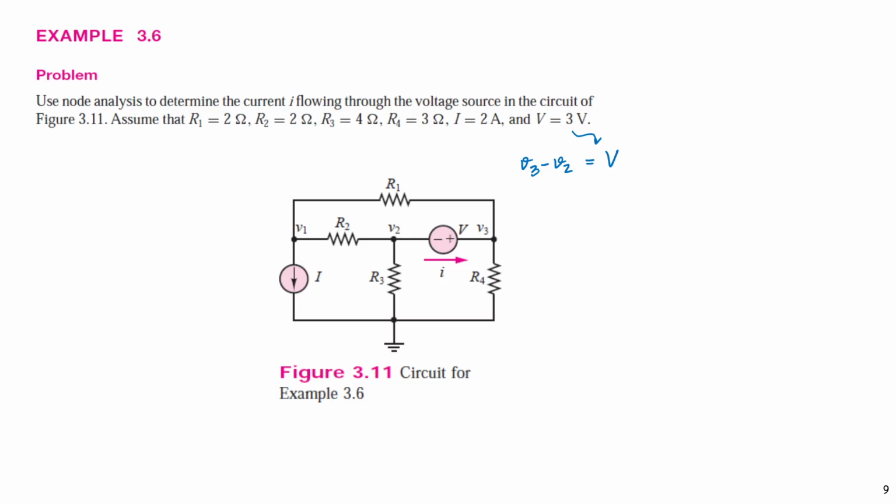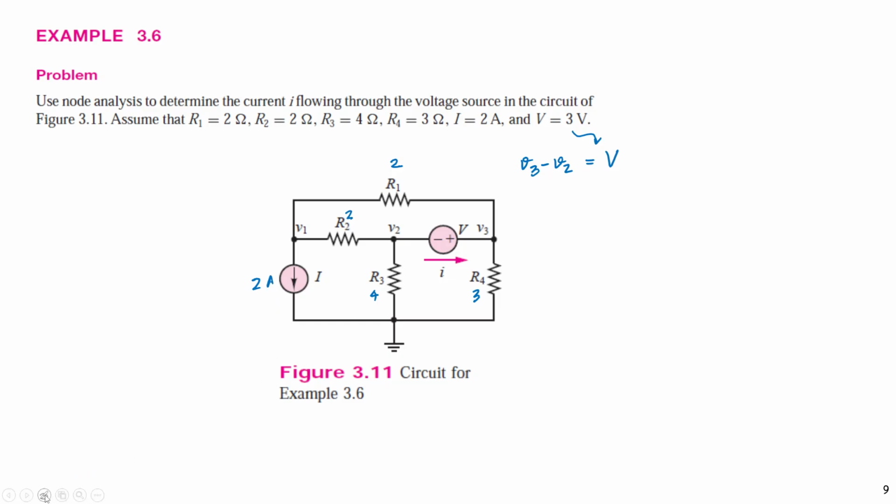So, okay, I will go a bit fast. R1 is 2 ohm. And maybe I skip some steps, because now we have some good understanding. And 4 and 3 ohm. This is 2 amp.